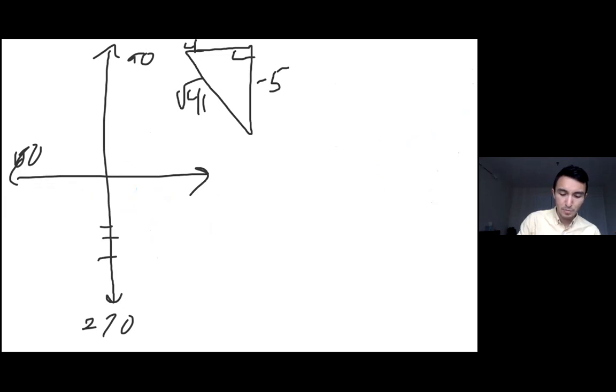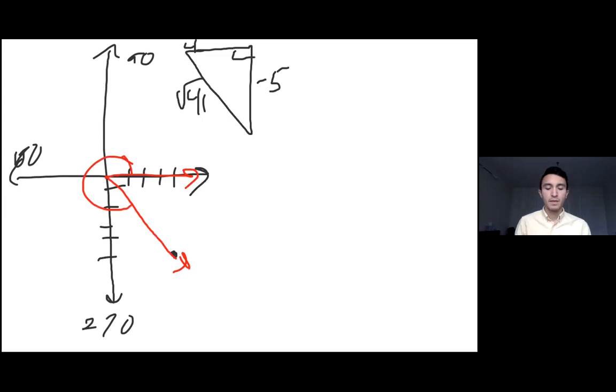Okay, so we had 4, -5. So our side went all the way here to here, right? And then we drew a straight line all the way down to this point to make our right triangle. The angle we're using is, of course, the one in the center here. So in our triangle picture, it's this one, right?